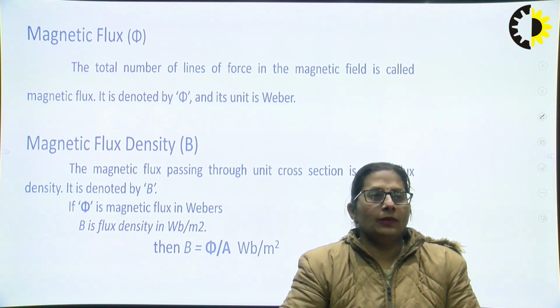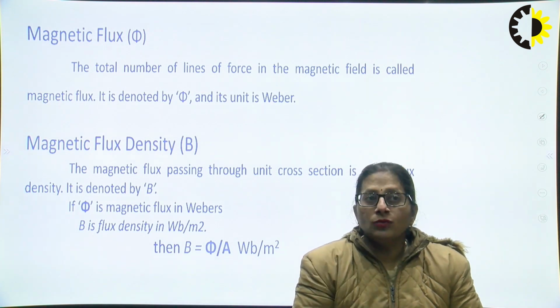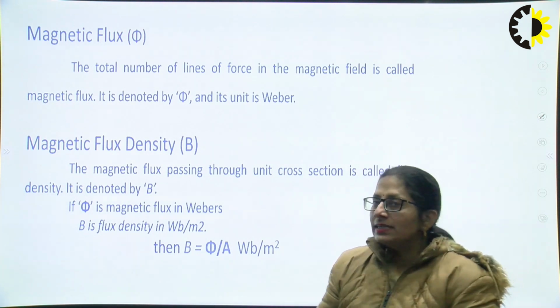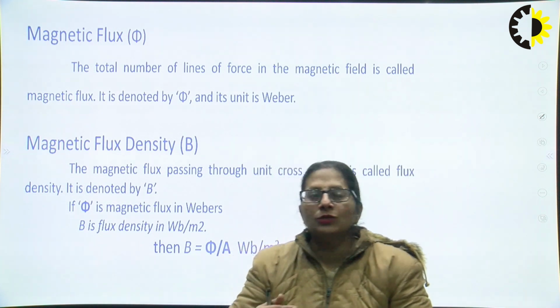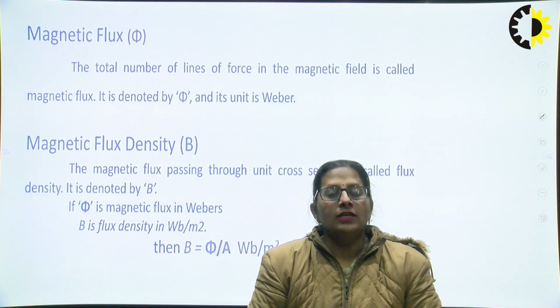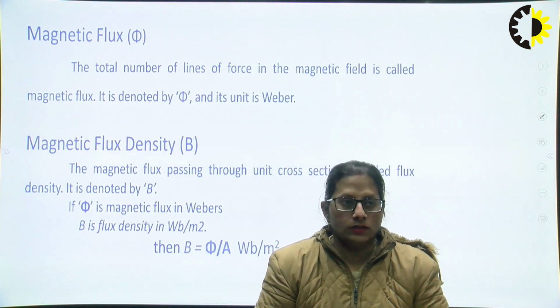And the magnetic flux has a unit of Weber. When I say it is 1 Weber, it is approximately 10 to the power of 8 lines of force. So 1 Weber is almost equal to 10 to the power of 8 lines of magnetic force.